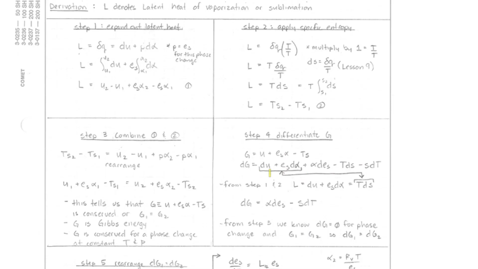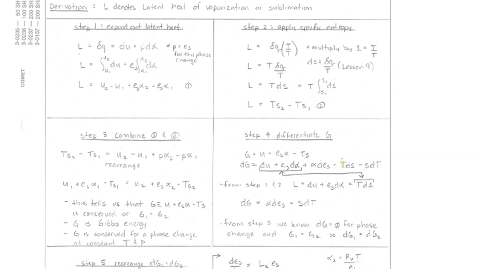What I have bracketed here is dU plus E sub S d alpha. If you come back up here, here's dU, E sub S d alpha. This is dq, this is latent heat 1 to 2, or latent heat of vaporization. What we also know from over here in step number 2 is that latent heat also equals TdS.